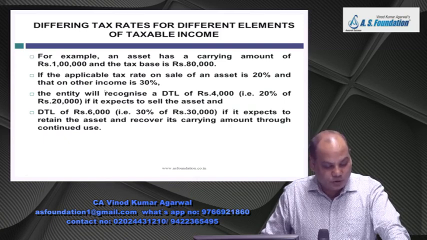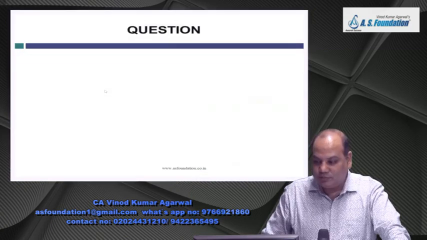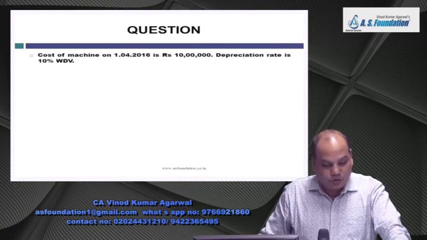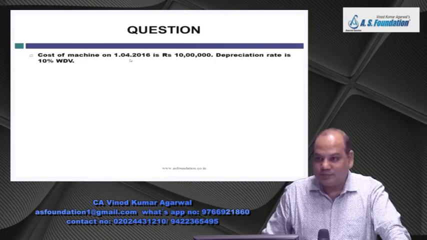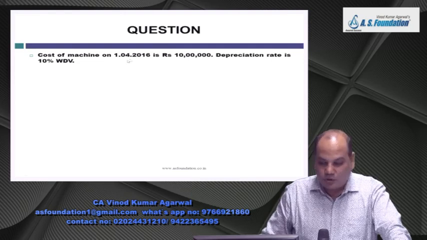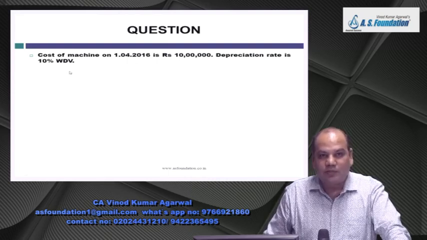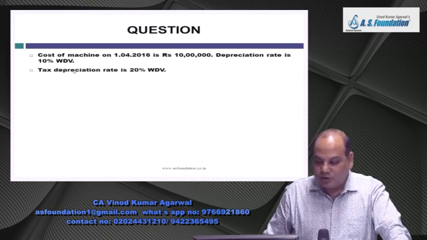So we'll practice one question on this point. In the notebook you will write the answer. Cost of a machine on 1/4/16 is rupees 10 lakh. Depreciation rate is 10% WDV. Tax depreciation rate is 20% WDV.